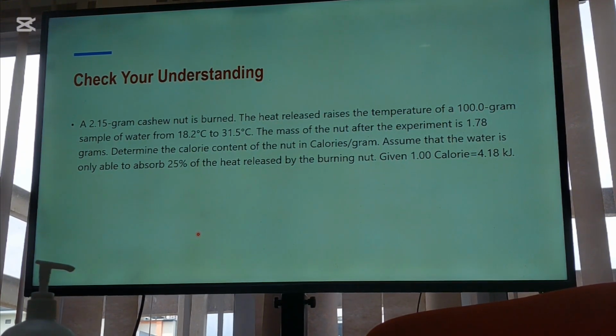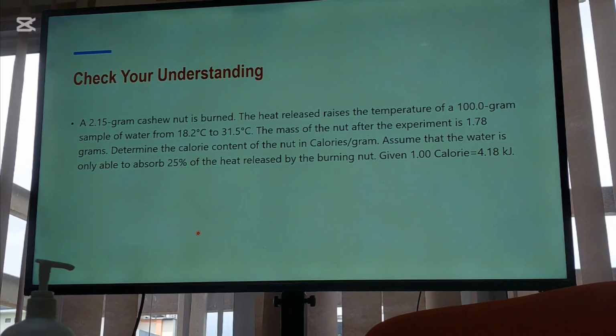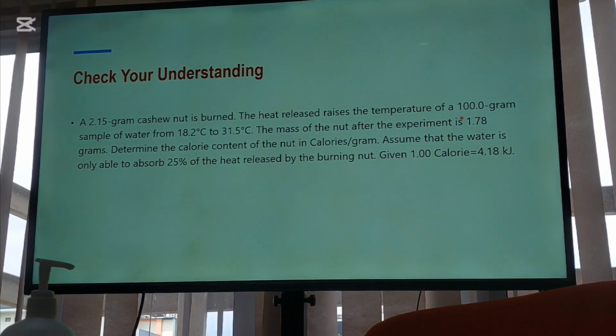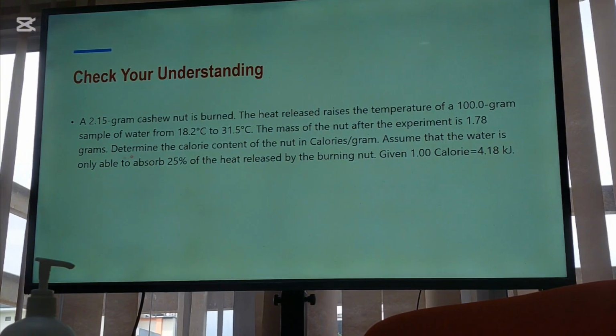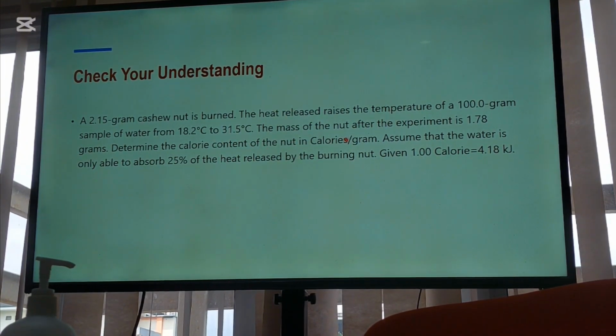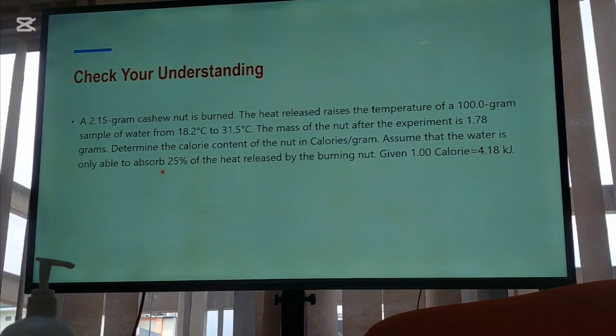The mass of the nut after the experiment is 1.78 grams, and the question is to determine the calorie content of the nuts in calories per gram. Assume that the water is only able to absorb 25% of the heat released by the burning nuts, given 1 calorie is 4.18 joules.